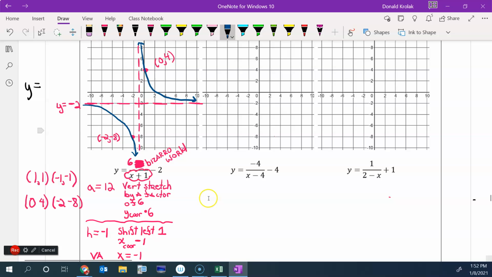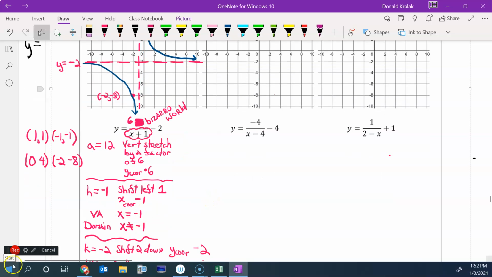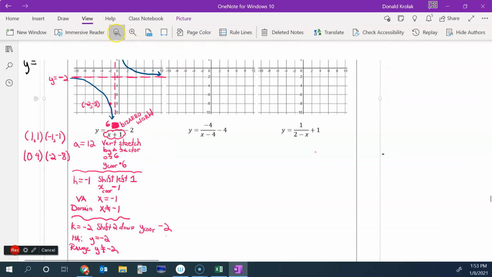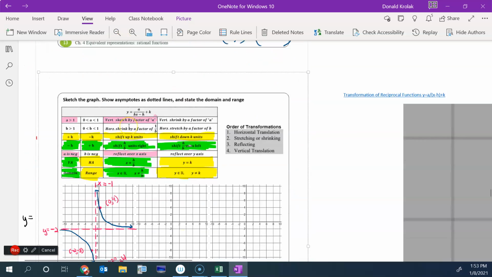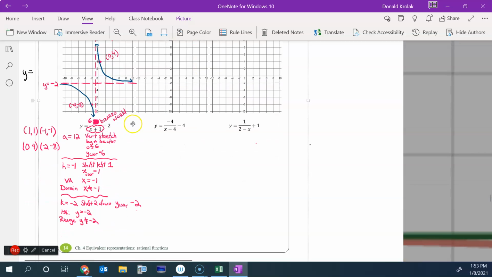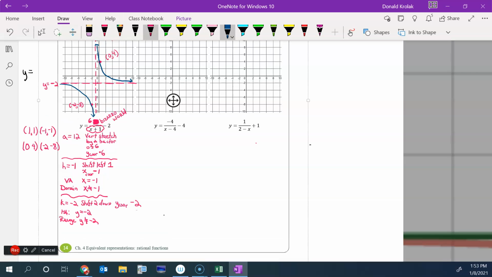Graph. Okay, so to the x coordinate, I took the x coordinate and I subtracted 1. That was this one right here. That's what I did to the x's.